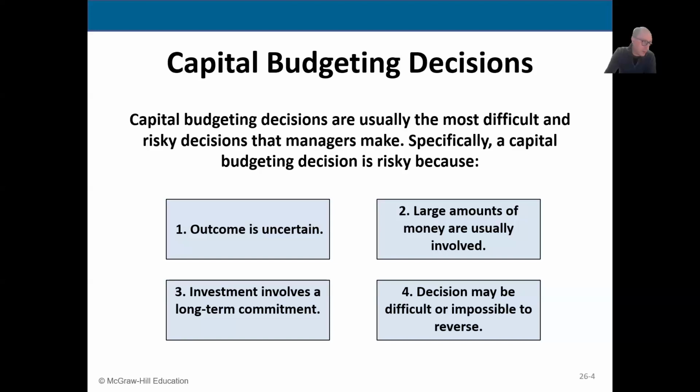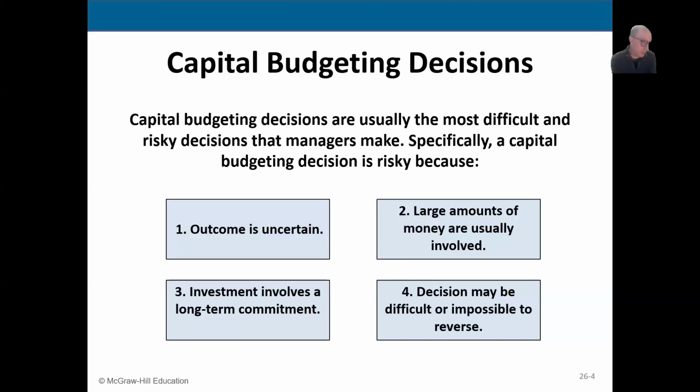Number three, investment involves a long-term commitment. The building's going to be there for a long time. It's going to fall apart. That's what happens with age. So we try to fix it. Long-term commitment. The machinery is going to last several years.